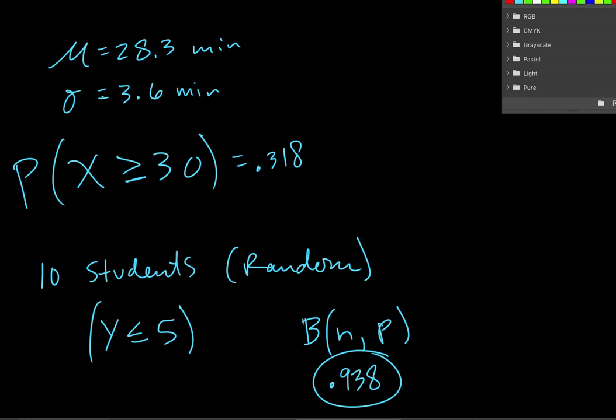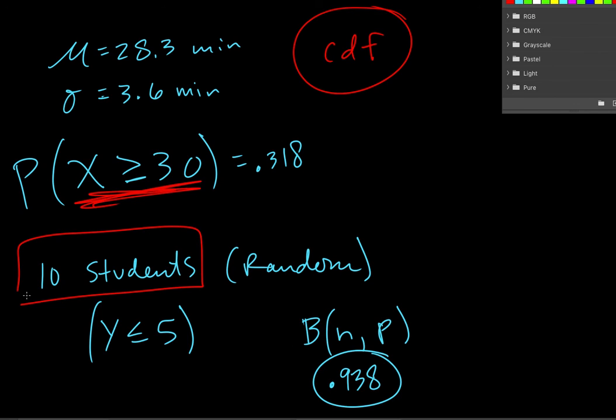Okay, so I just want to mention a couple things. CDF, whether it's binomial, normal, whatever, refers to when we're looking at a range of values. And so that's why we've been using CDF. And then binomial is when we have a set number of participants that we choose from, and then we want to know 5 or less, or 5 or more, or something like that.